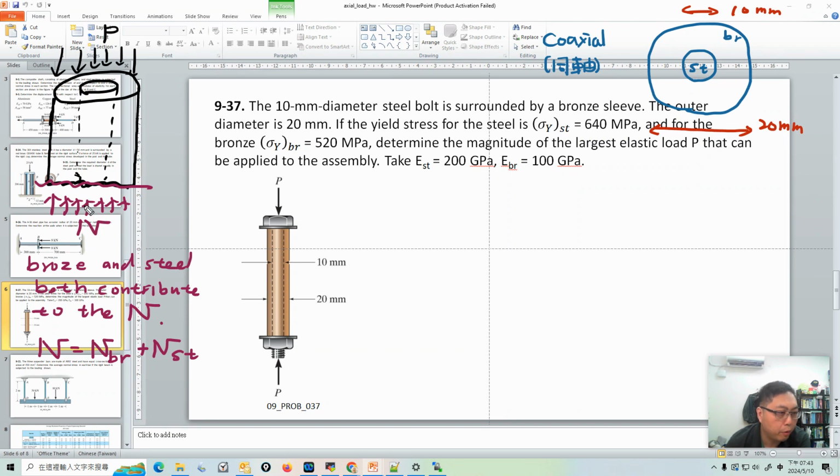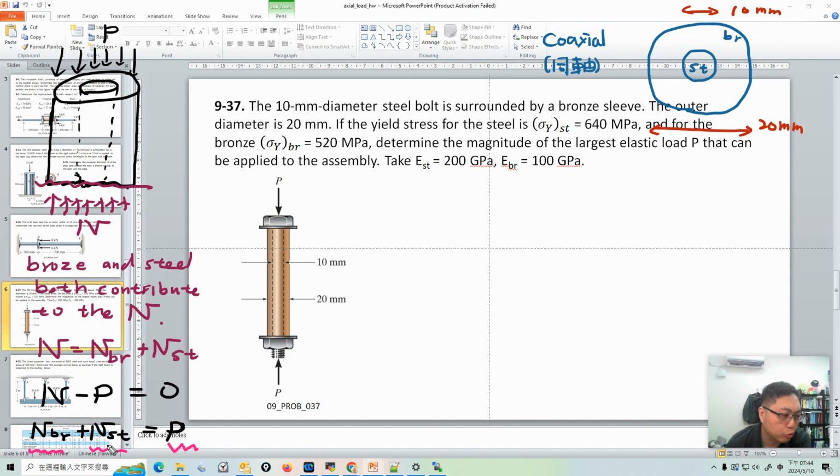We will have this N pointing up, and P pointing down, so N minus P equals 0, and N equals N_BR plus N_ST. So N_BR plus N_ST is equal to P. The problem wants us to determine the largest P, so we have to figure out the normal force on the bronze and the normal force on the steel, and add them together to get P. So this problem just wants you to calculate the normal force acting on the bronze part and the normal force acting on the steel part.